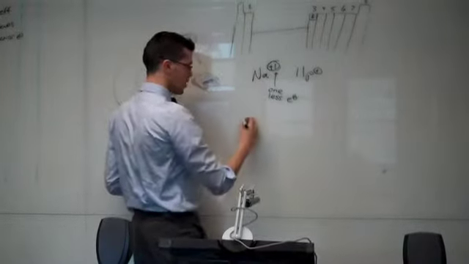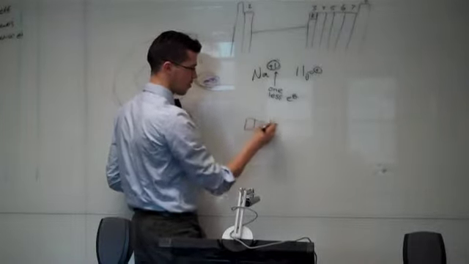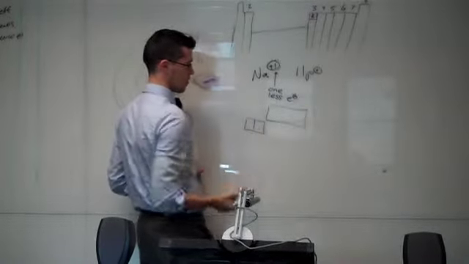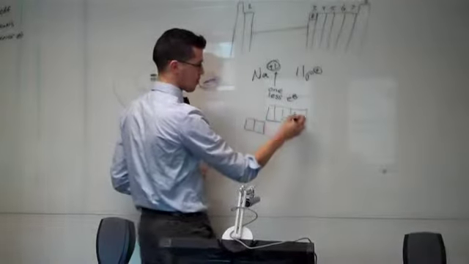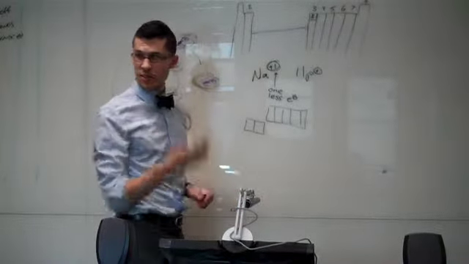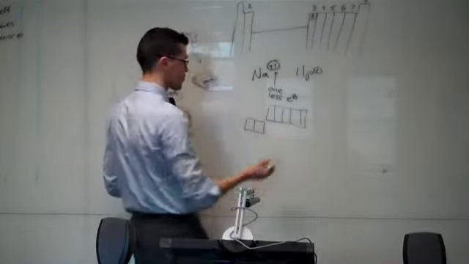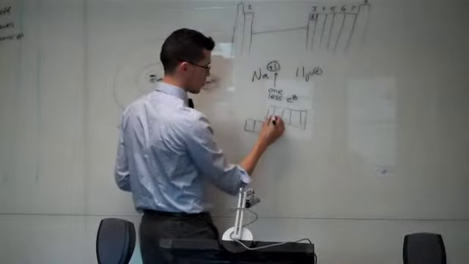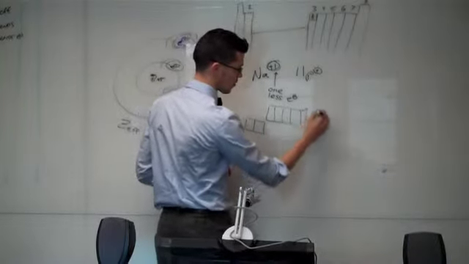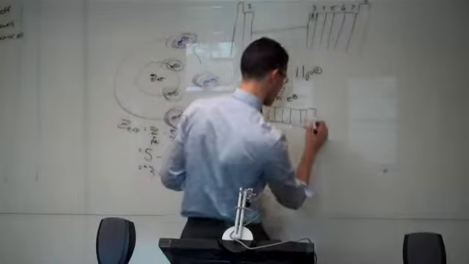So when you're filling in your diagrams, these little boxes that we fill in, we have 1, 2, 3, 4, 6, 7, 8.